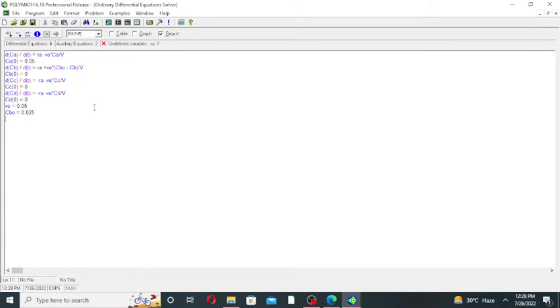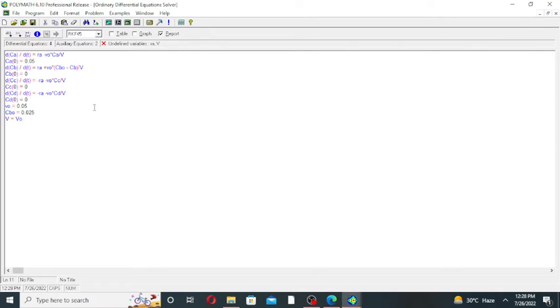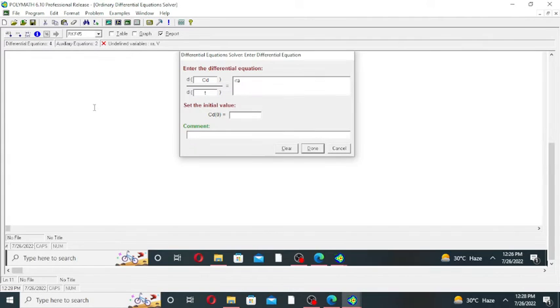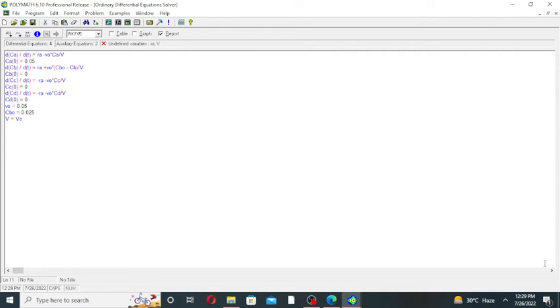So for the volume, we write V naught; the relation between volume and time is V equals V naught plus v naught times t, with a plus sign, sorry.